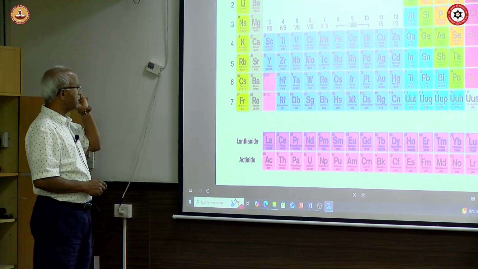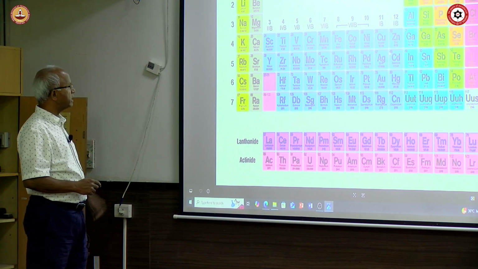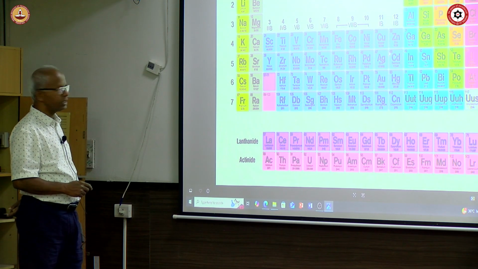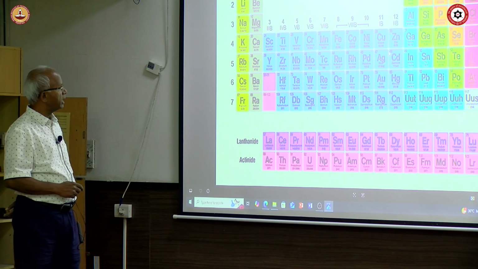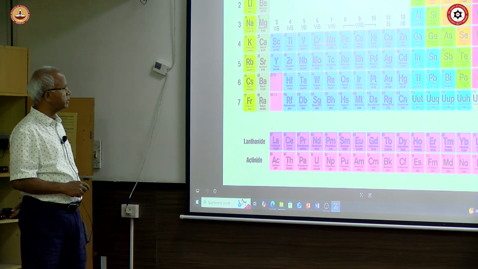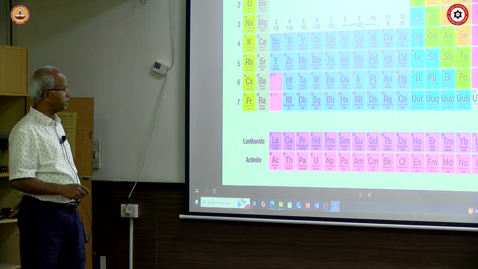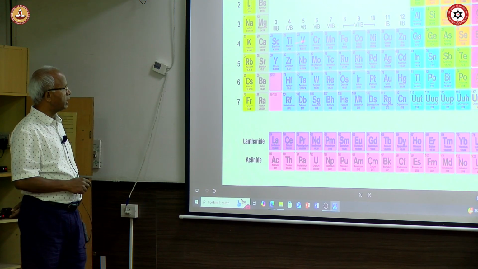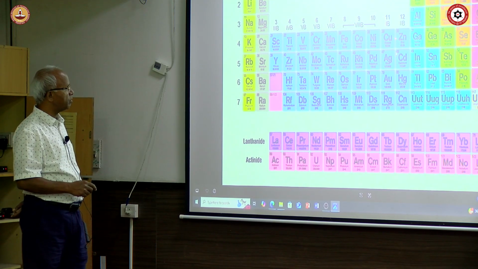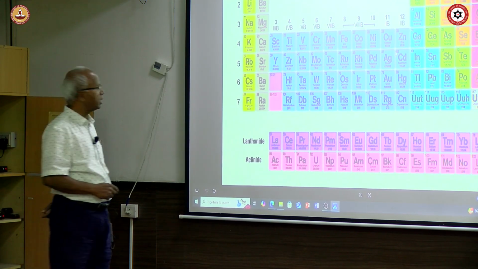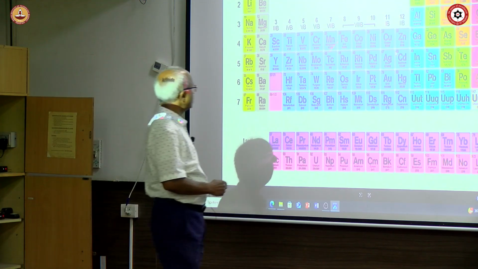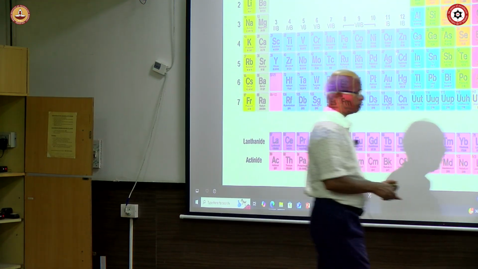So let us look at some of the different kinds of compounds that these transition metals can form. As I told you, more of these are known. Compounds of these are also known, but extensive studies have been done on these 3D metals. So let us see, for example, manganese.